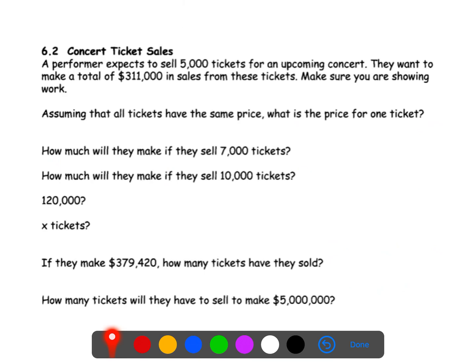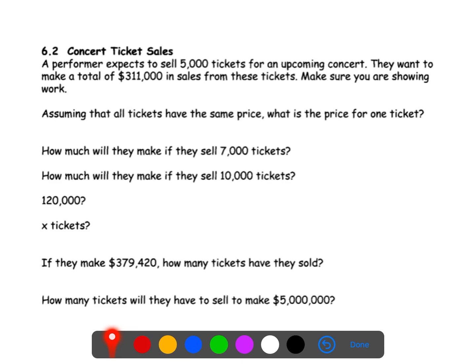So assuming that all tickets have the same price, that means we have a constant ticket price. So we're going to have a proportional relationship. What is the price of one ticket? One ticket represents a unit rate, which is going to tell us the constant of proportionality. When we find the price per ticket, that will be our constant of proportionality.